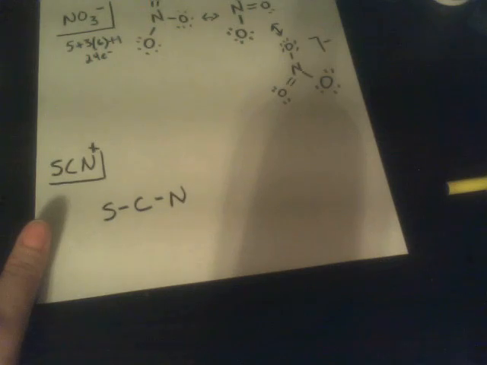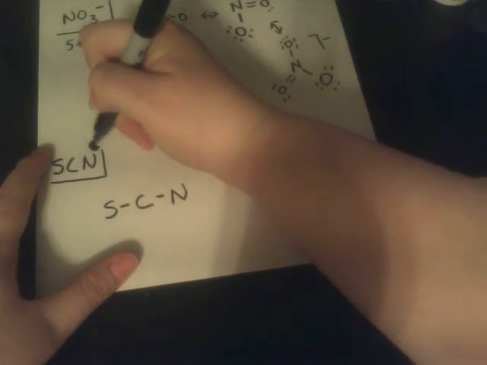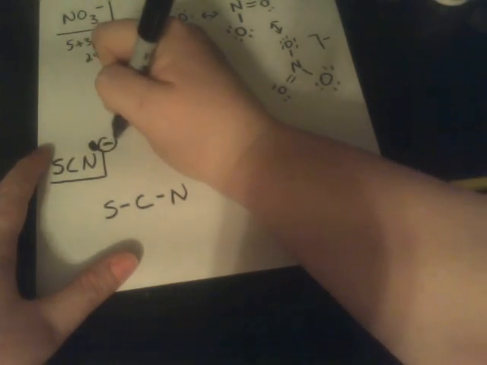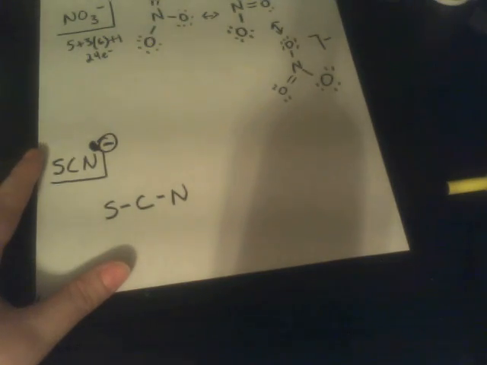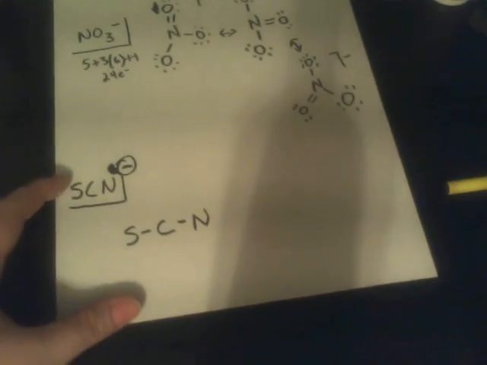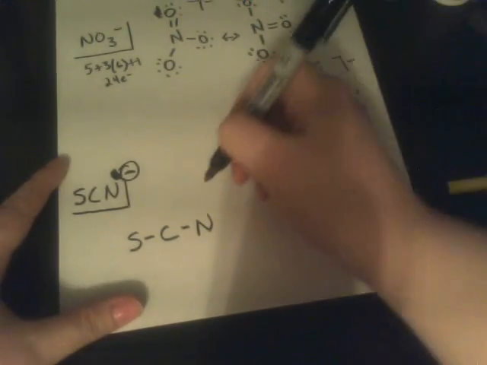Let me double check that this is the example I want. Yeah, SCN minus. My bad. SCN minus. Let's do that one. Okay, so let's do SCN minus. I don't know why I was hung up on that.